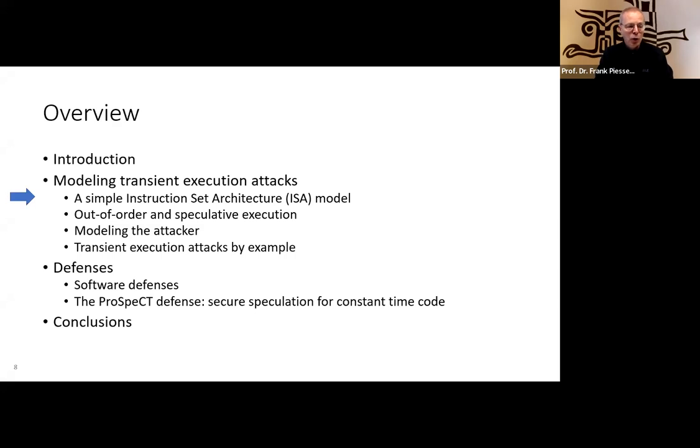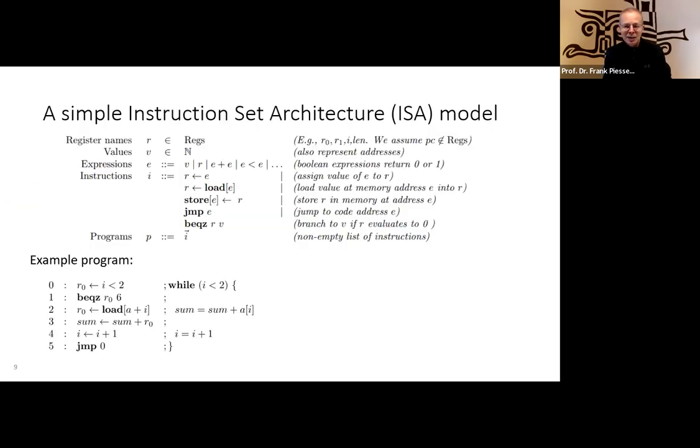And so the first thing I want to do is kind of build a model, a simple model of a machine that we can use to then study first attacks and then defenses or countermeasures against these attacks. Okay, so I'll first build a model, and the first thing we need is a simple instruction set architecture. Think of this as machine code or assembly language code for a processor.